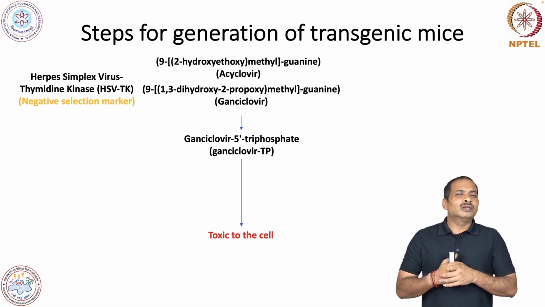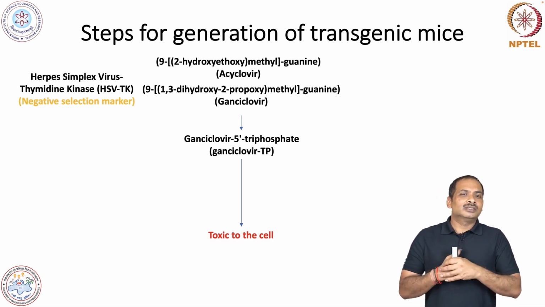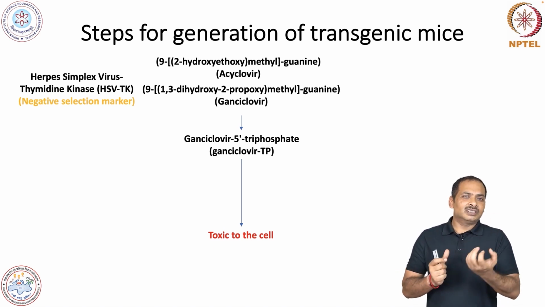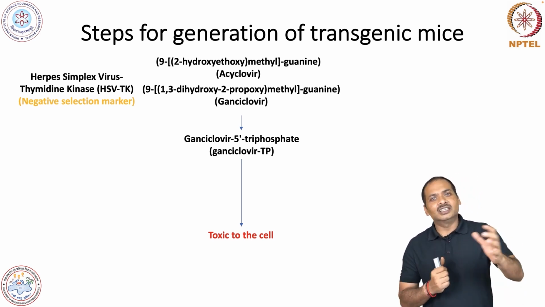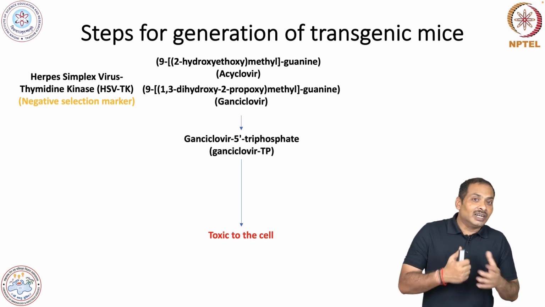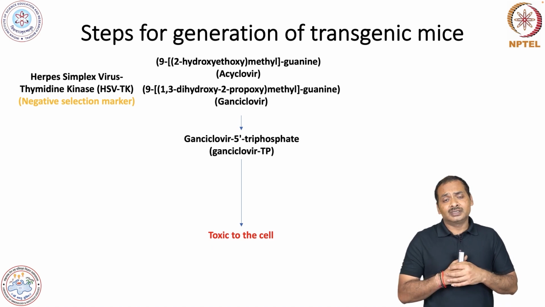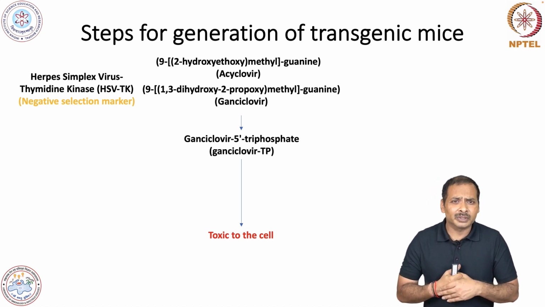For example, there are agents like lipofectamine, and there are some molecules which make a vesicle, and in that vesicle this DNA molecule is incorporated, and these vesicles fuse with the cell, and then this delivers the DNA molecule. Okay. So, we can use that method, or we can use another method which we call the electrochemical method.